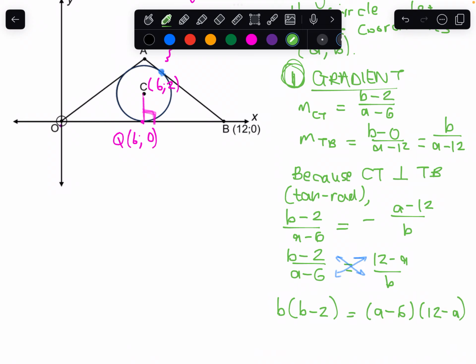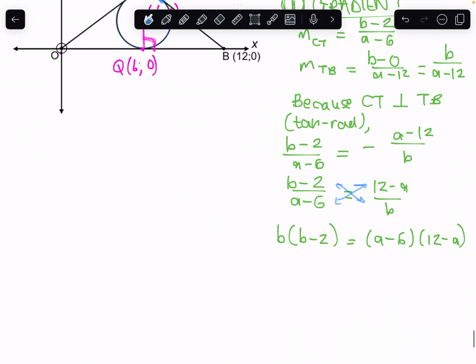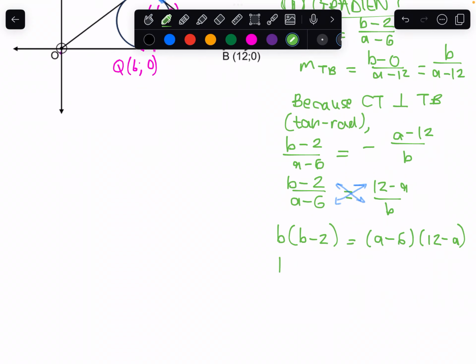Ooh, yeah, this is not giving me the nice clean equation I'd hoped for. So this is b squared minus 2b is equal to 12a, no man, 12a minus a squared minus 72.